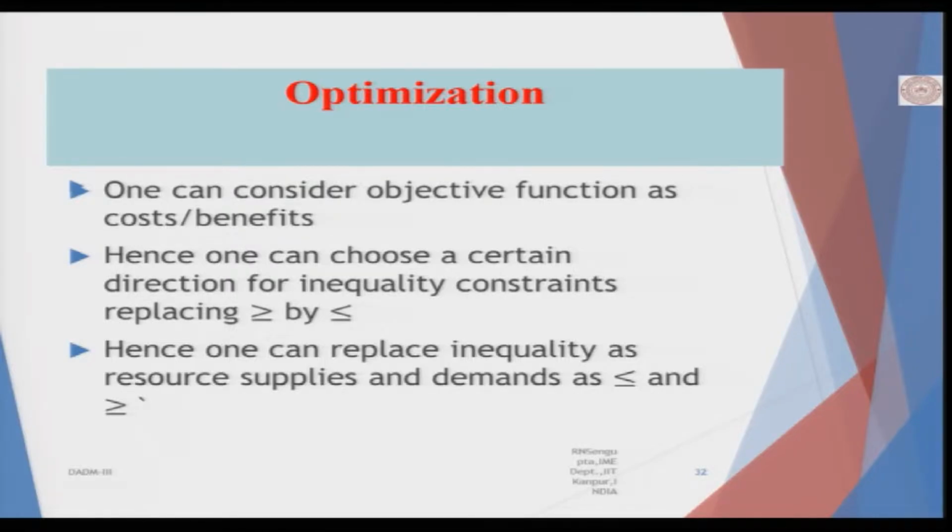We can also replace the inequality as a resource supply and demand in the less than type or greater than type. So, if it is a factory where it has to supply 20 million tons of, say for example, fertilizers, then depending on how you have the problem, the constraint will be of one type or the other.